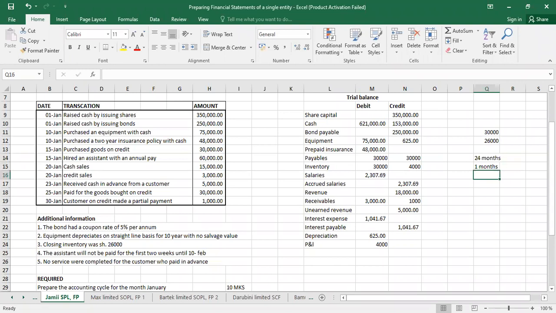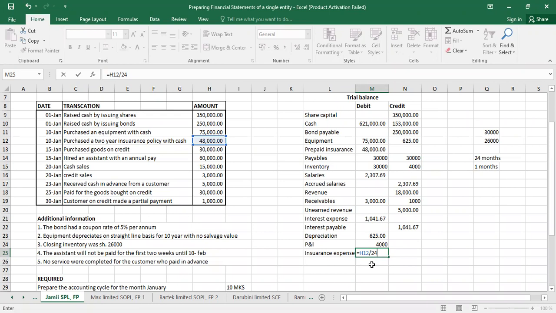So we have to account for the insurance expense for the month. The insurance expense equals: it was 48,000 for 2 years of 24 months, so 24 months for the 2 years.